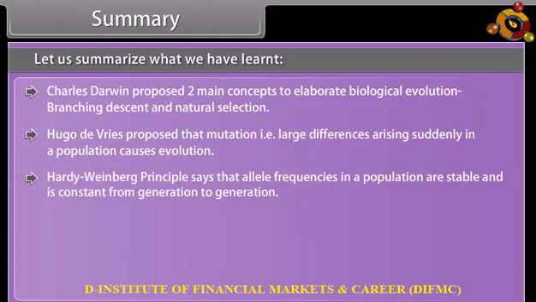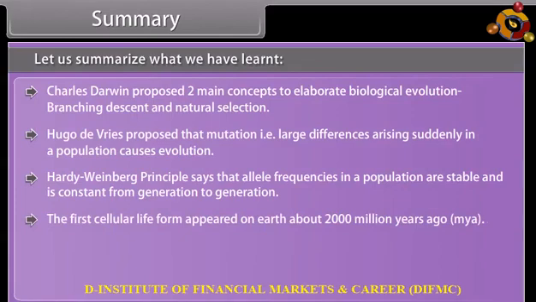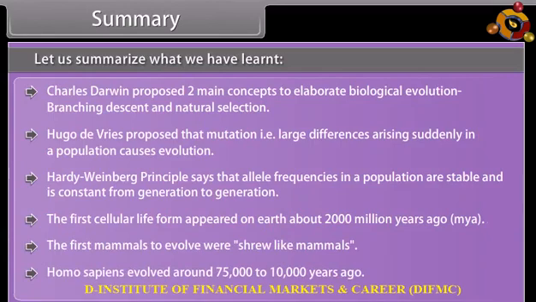Hardy-Weinberg Principle says that allele frequencies in a population are stable and constant from generation to generation. The first cellular life form appeared on Earth about 2,000 million years ago. The first mammals to evolve were shrew-like mammals. Homo sapiens evolved around 75,000 to 10,000 years ago.